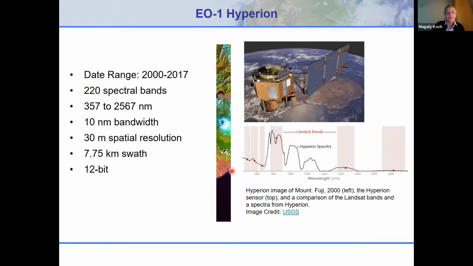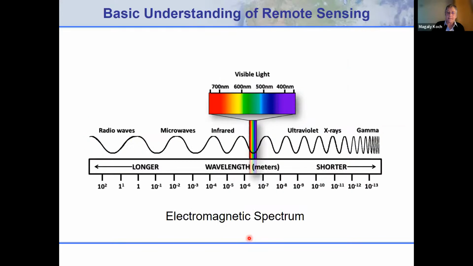And the more spectral bands, the more precisely we can tell what type of species, plant species or soil type we're looking at. So that's why these spectral bands become so important. So basically in remote sensing, the most important aspect is the electromagnetic spectrum.